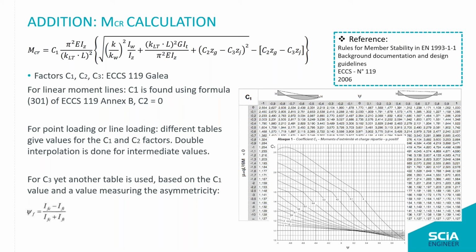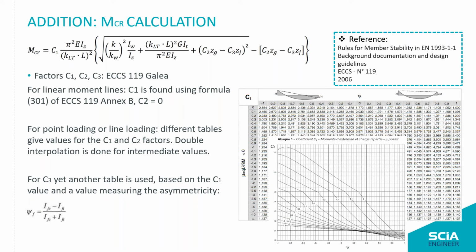For linear moment lines, our C1 is calculated just using a formula, but for point or line loading, there are different tables, or maybe the graphs are more known. I put both of them on the slide. That will give us the values of C1 and C2. And if we fall somewhere between values, we will do some double interpolation.